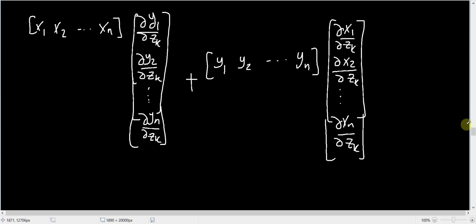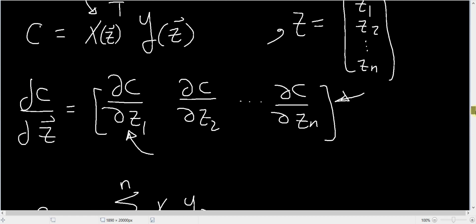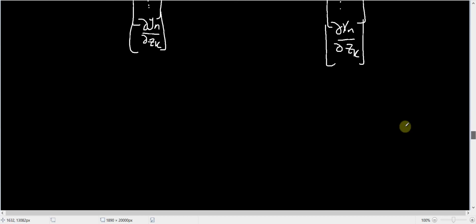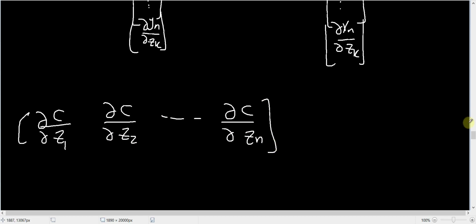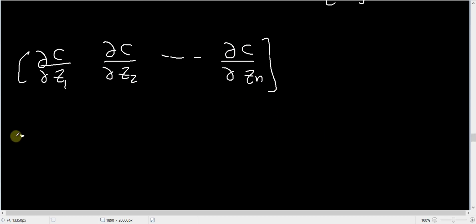Now I want to put all those derivatives next to each other, and so I can see that partial c by partial z1, partial c by partial z2, up to partial c by partial zn is really equal to, here I have again x1, x2 up to xn.